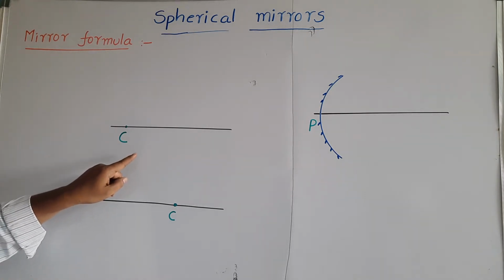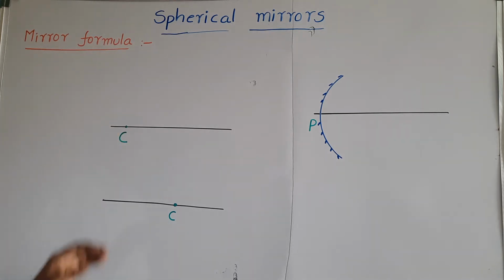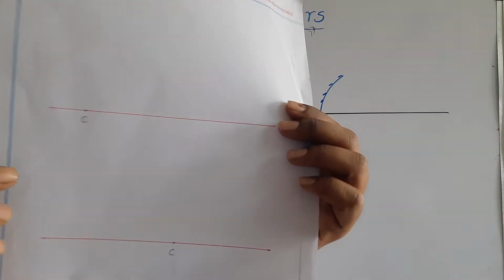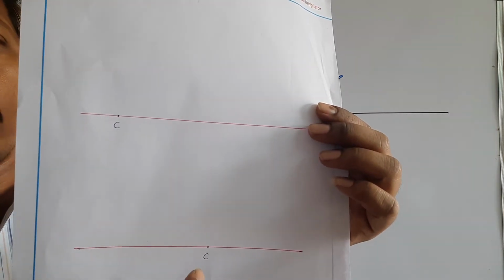If you want to draw a convex mirror, you keep the point nearly on the left side of the line, and for a concave mirror you place the point nearly in the middle of the line. So for concave, the middle of the paper, and for convex, the left side.